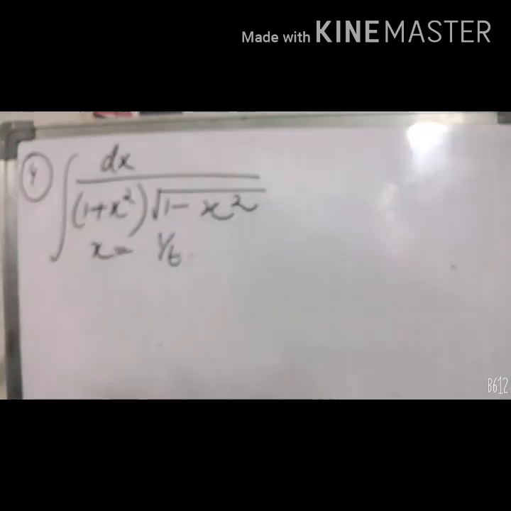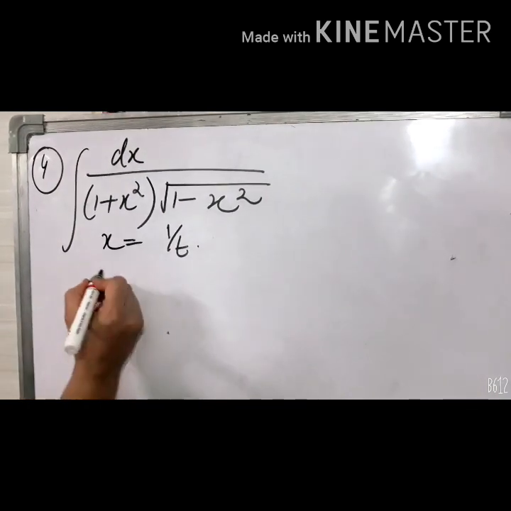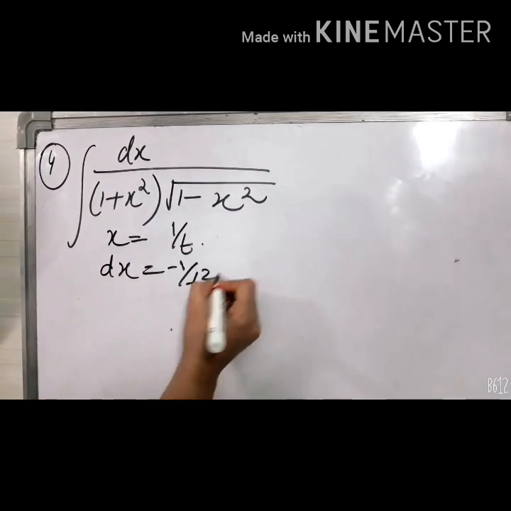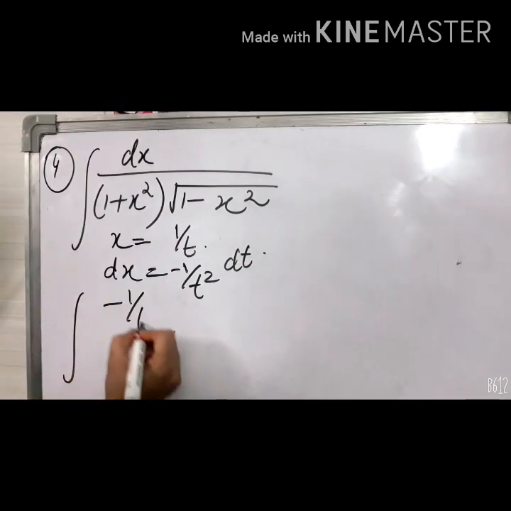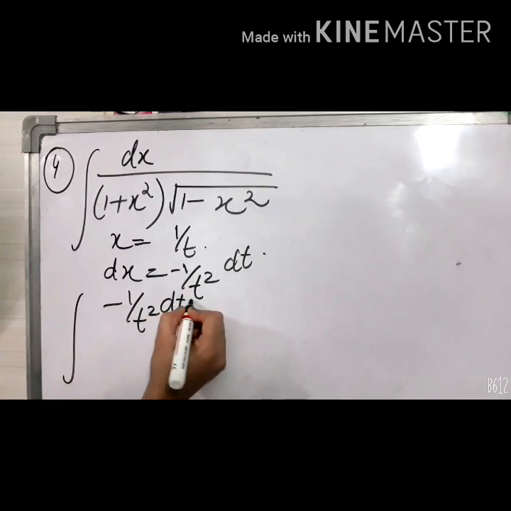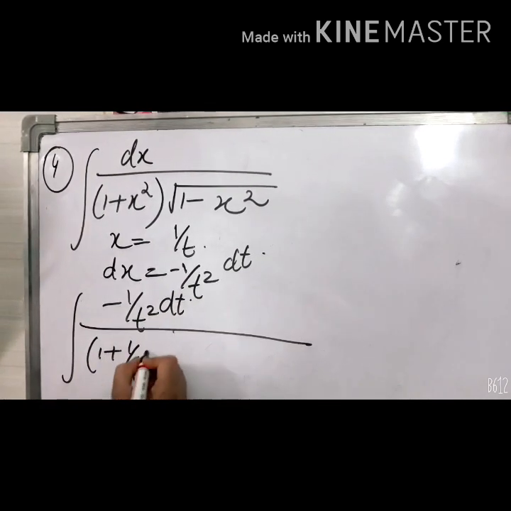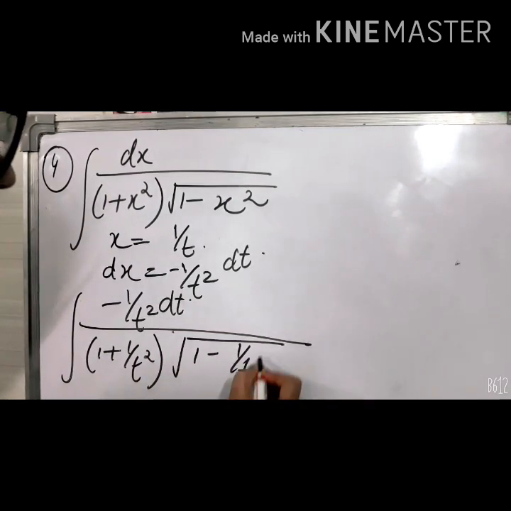You remember, we will substitute here 2 times, so we substituted only like this. It becomes minus 1 by t square into dt by 1 plus 1 by t square under root of 1 minus 1 by t square.